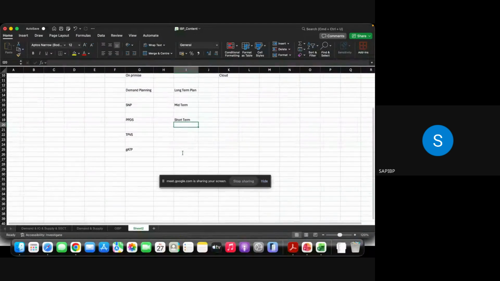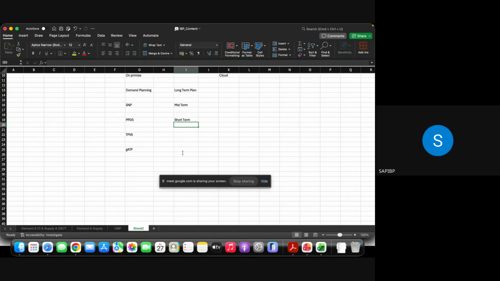Now, during the production plan or after the production plan, to move the products from one location to another, or one node to another node of your supply chain network, we use TPVS, transportation and vehicle scheduling. How optimally can you manage your transportation?